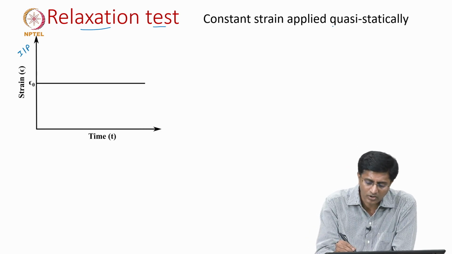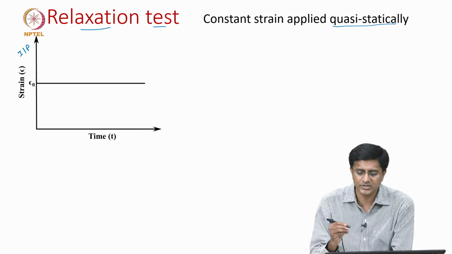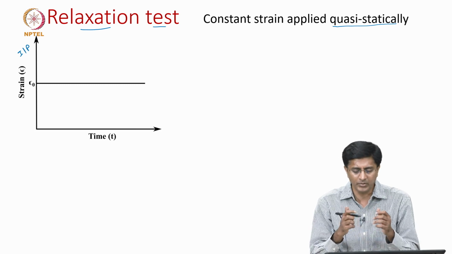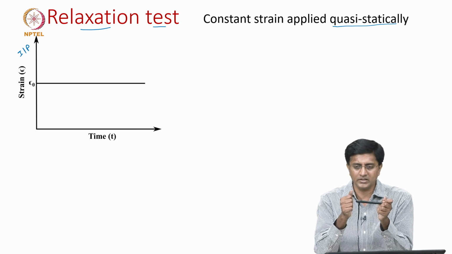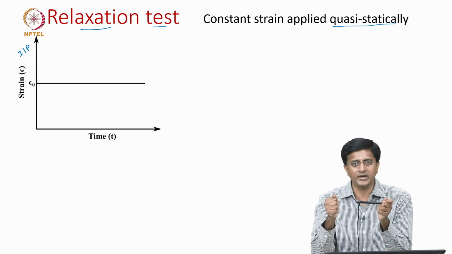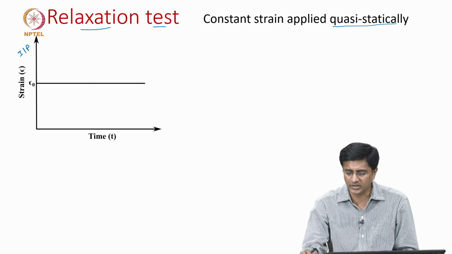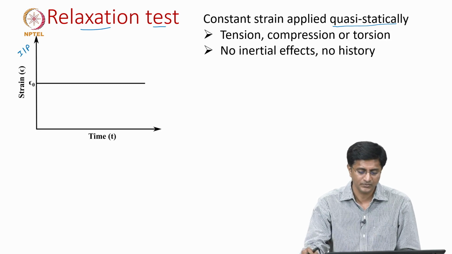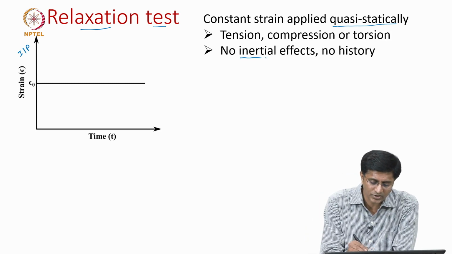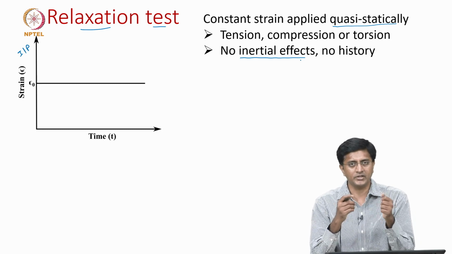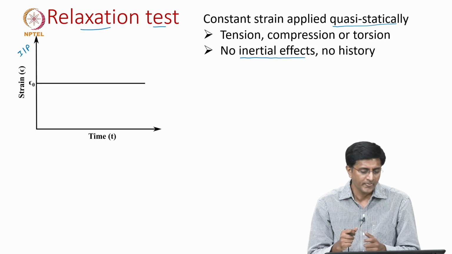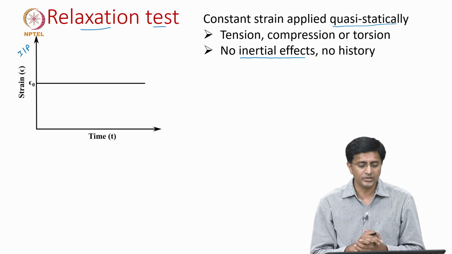But let us pay attention to what we mean by quasi-statically. What we mean is, though the displacement has to be applied quickly, it should not be so quick that there are inertial effects. So, we need to avoid those inertial effects when we apply the strain. There are different ways we can do the test.